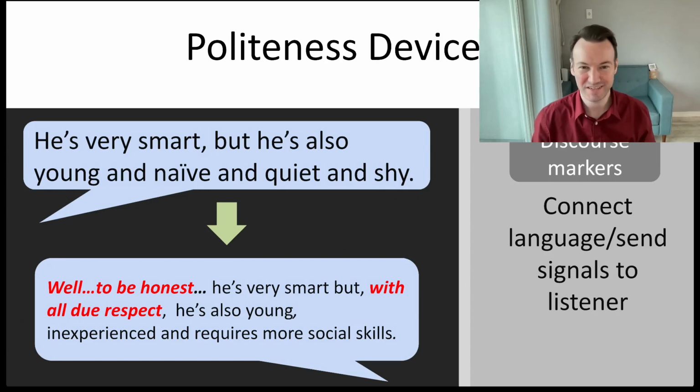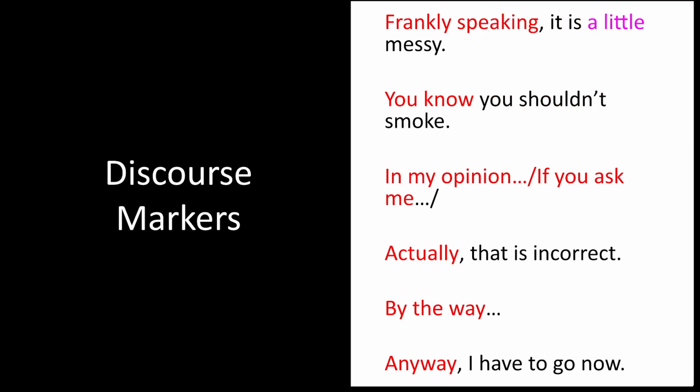So some other examples of this might be, frankly speaking. So frankly speaking, again, like, to be honest, the message is I'm going to say something and you might not like what I'm going to say. You know, you shouldn't smoke.